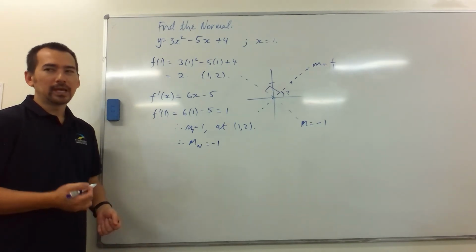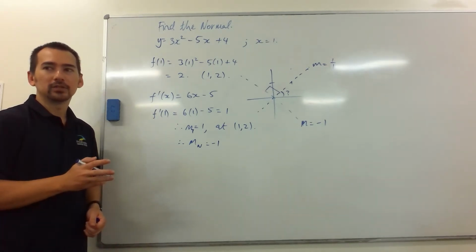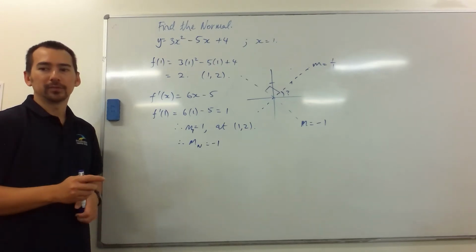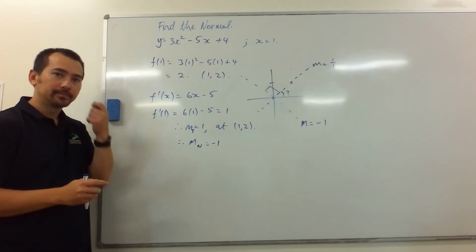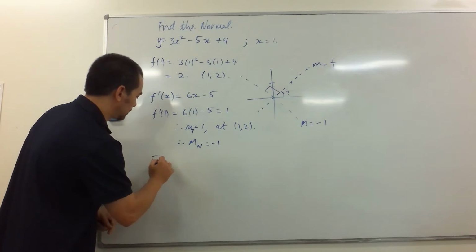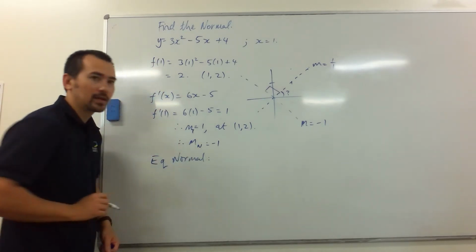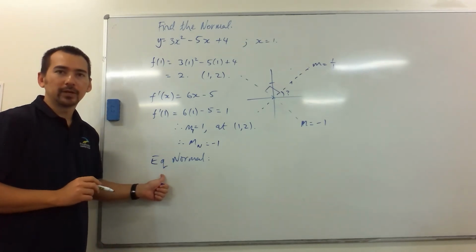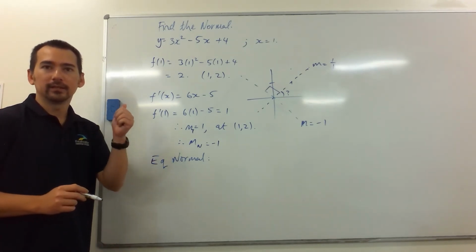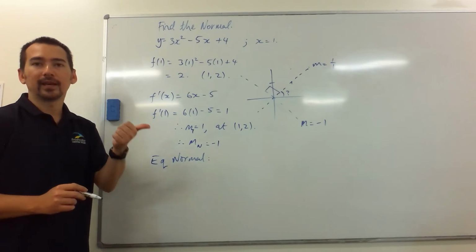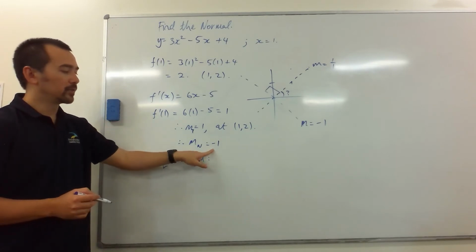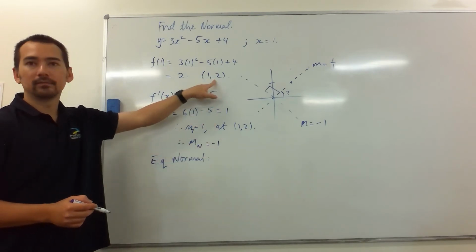Now, do we have all the components to complete the equation of the normal? To write an equation, we need two things. We need the slope, the gradient, and we need a coordinate. We have the gradient, we have the coordinate.